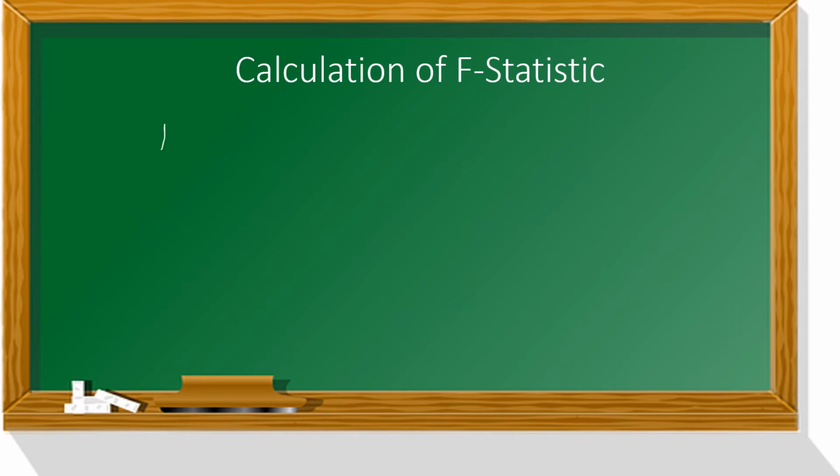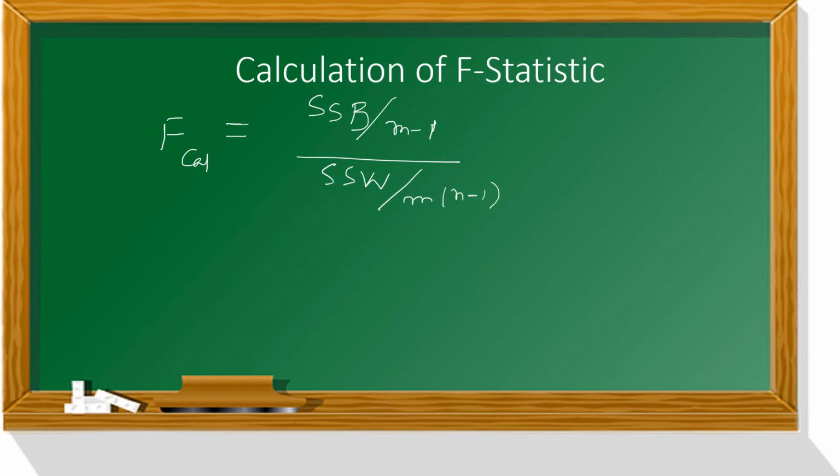F calculated is the sum of squares between the groups divided by its degrees of freedom, in this case m minus 1, over the sum of squares within the groups divided by its degrees of freedom, which is m times n minus 1. We will explain these degrees of freedom when we do the Excel exercise with the same example. So we have calculated the F calculated value.